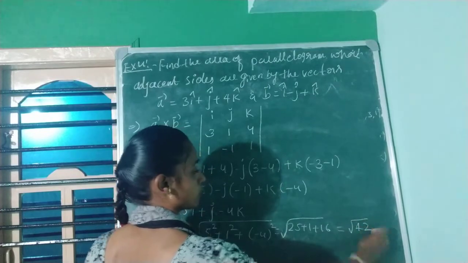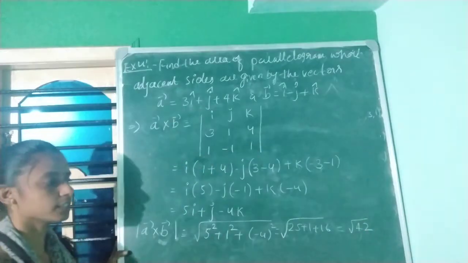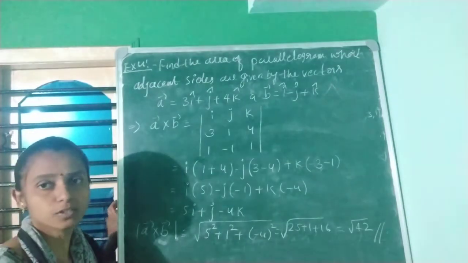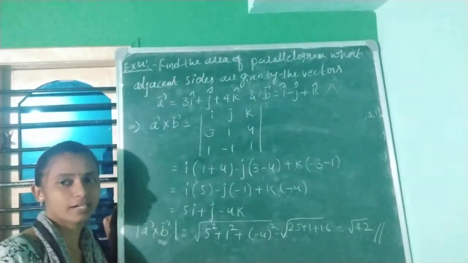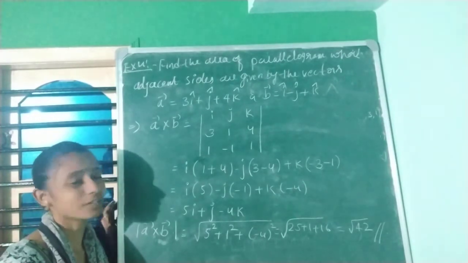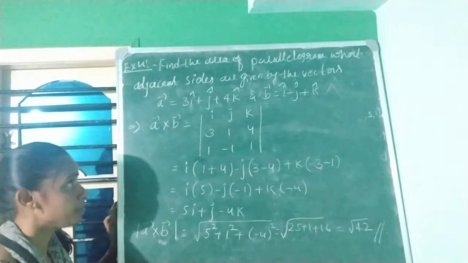Root 42. So this is what the required area of parallelogram for given two adjacent sides which are given as vectors. Okay. So this completes the worked example problems.